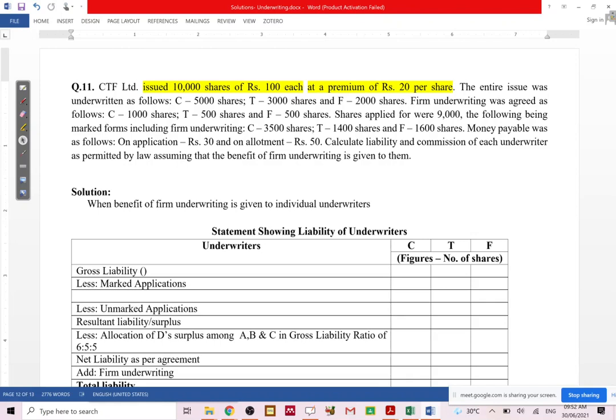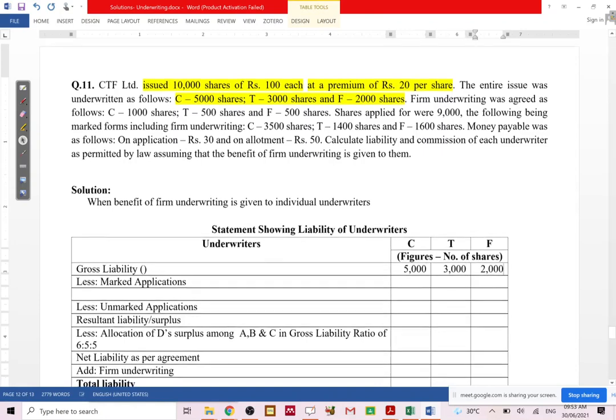The entire issue was underwritten, which means it is fully underwritten, or full underwriting. C 5,000, T 3,000 and F 2,000 shares. Gross liability of all three: out of 10,000, C has taken 5,000, T has taken 3,000, F has taken 2,000.